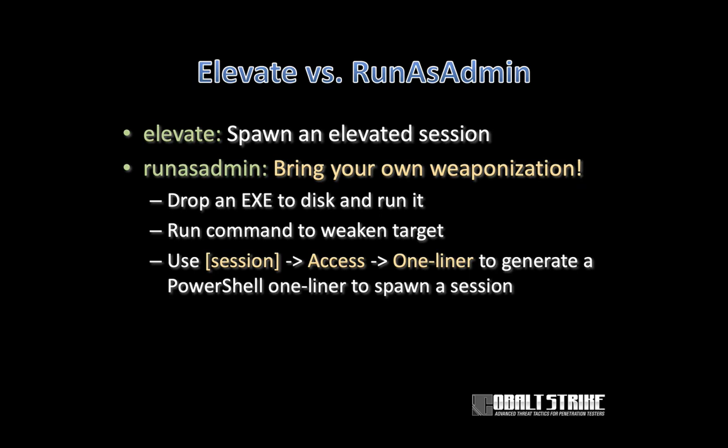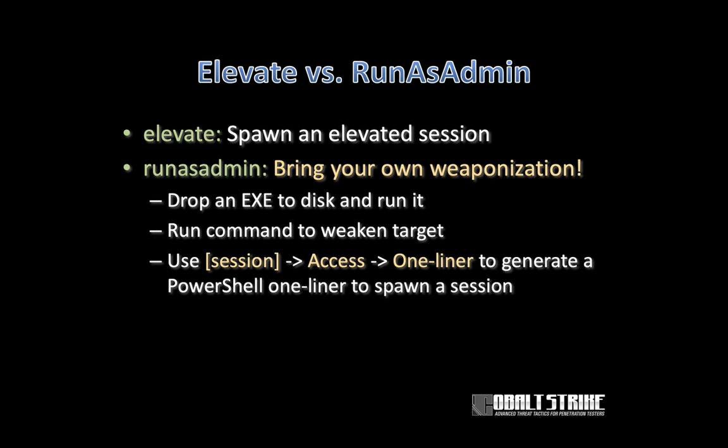Some privilege escalation opportunities only give us a primitive to run a command in an elevated context. Rather than dictate how to turn that into a session, Cobalt Strike is instead taking the approach of bring your own weaponization. This means you get to choose how to use this primitive in a way that makes sense for your situation.